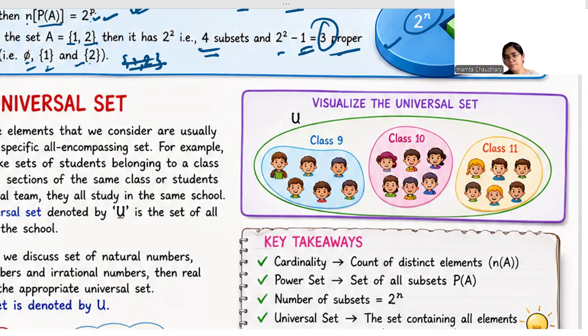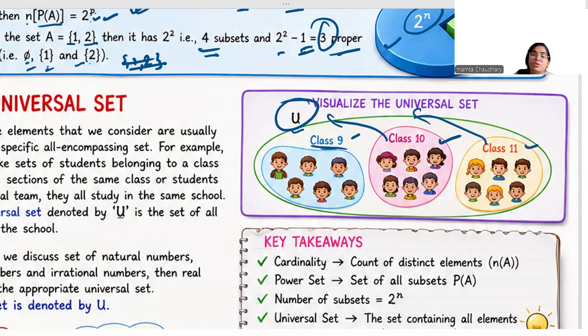For example, if you take the set of all the children of your school, then that will be the universal set. In that, grade 9 children are there, grade 10 children are there, grade 11 children are there. So grade 9 children are a subset of U. Grade 10 are also a subset of U. Grade 11 are also subsets of U. So as U is a bigger set, it is called the universal set. Not all sets will be called a universal set.